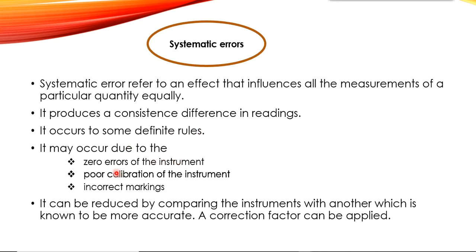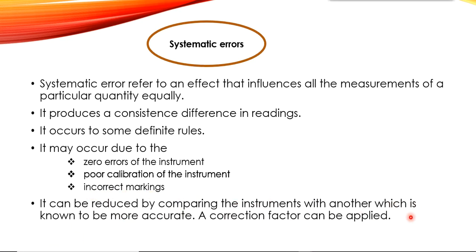It may occur due to the zero error of an instrument, like the zero error of a screw gauge or vernier caliper, poor calibration of the instrument, using the instrument poorly without any knowledge or experience of how to use it, or incorrect marking. It can be reduced by comparing the instrument with another which is known to be more accurate.